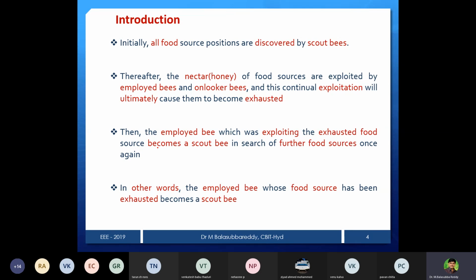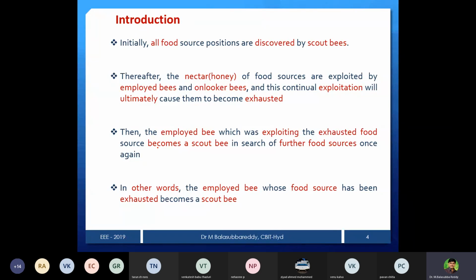Try to understand the logic behind this; later the equations will come. At the moment we divide into 3 groups. Initially scout bees discover the food source, and next employed bees and onlooker bees exploit that food source, ultimately causing it to become exhausted. Then the employed bees whose food source was exhausted become scout bees.